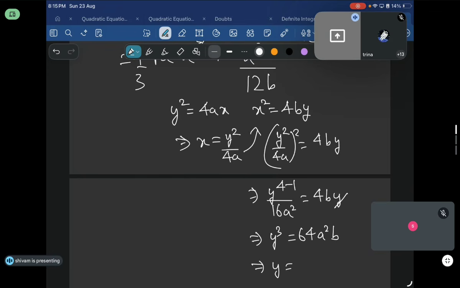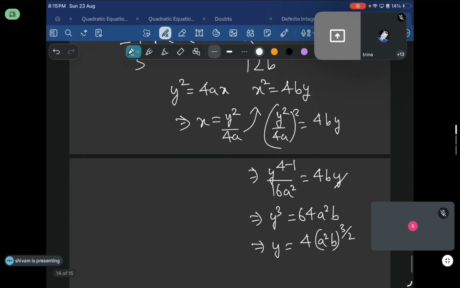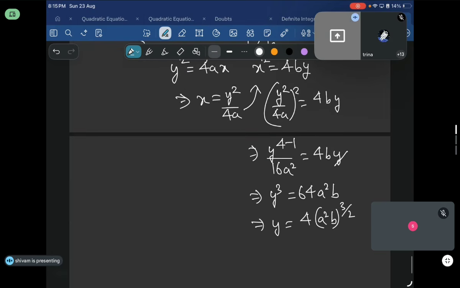So what is the value of y? y is equal to 4a square b whole to the power 1 by 3, right? It becomes 4 into cube root of a square b.